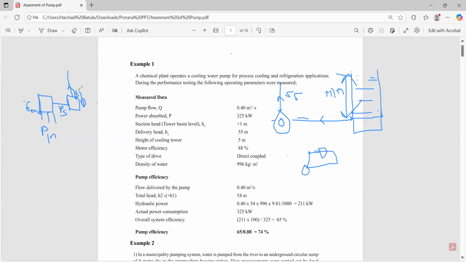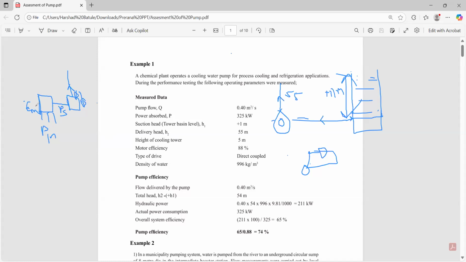So P input power is given as 325 kilowatt. That is the power absorbed by the motor. Your power absorbed by the motor is not directly transmitted 100%. There would be some loss at the electrical motor due to lower efficiency of the motor. From that, you have the 88% efficiency of the motor.